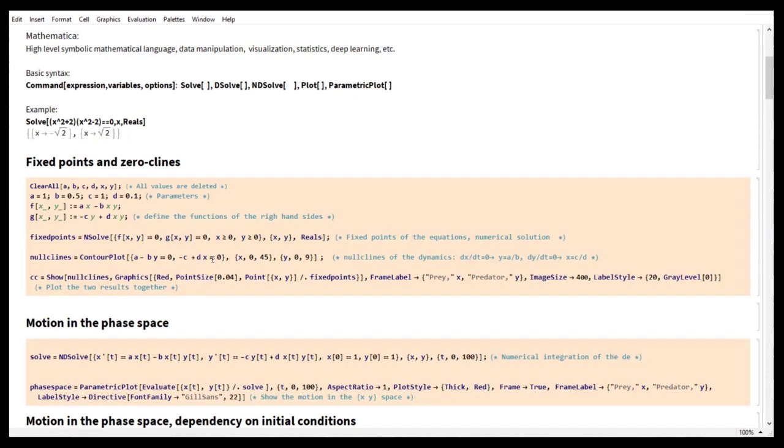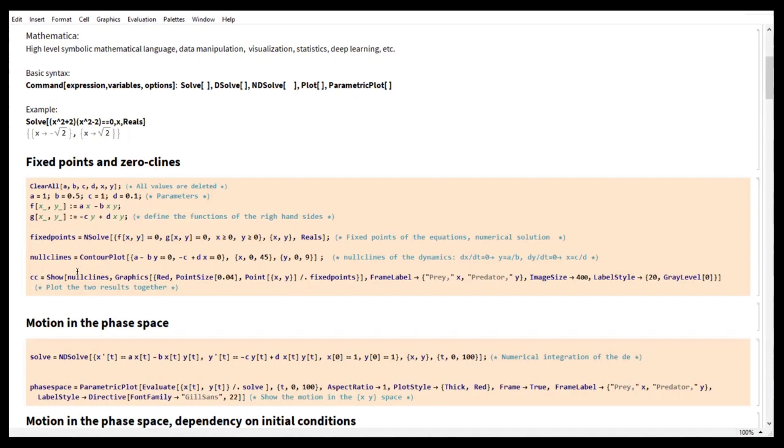It is true just because the right-hand sides of both differential equations are equal to 0 if these two equations are valid. We are interested in this interval of x and this interval of y, where these nullclines are determined here.